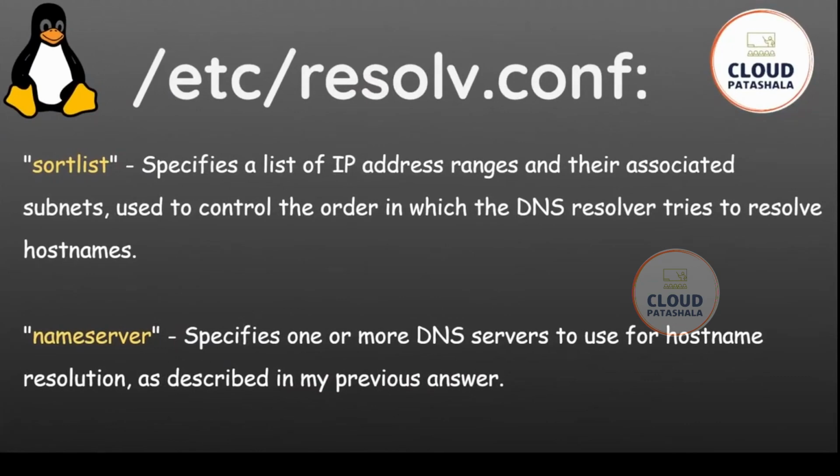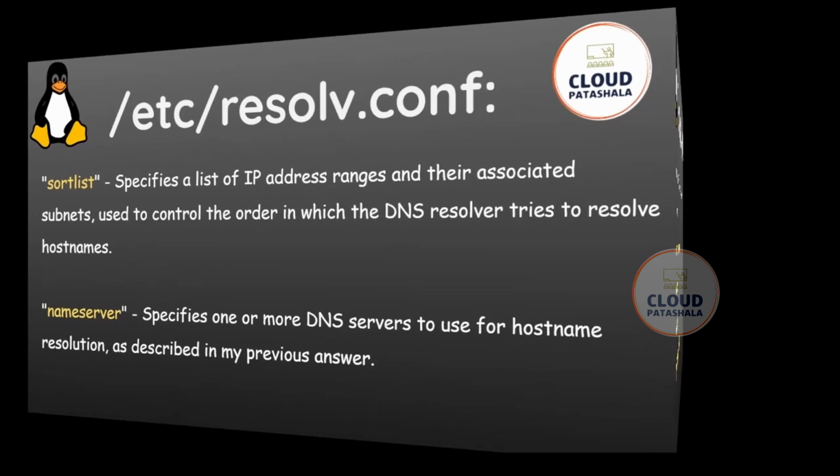Also, there is something called a sortlist, which specifies the list of IP address ranges and their associated subnets used to control the order in which the DNS resolver tries to resolve host names. Ultimately, we have name server, which we already have been looking into.